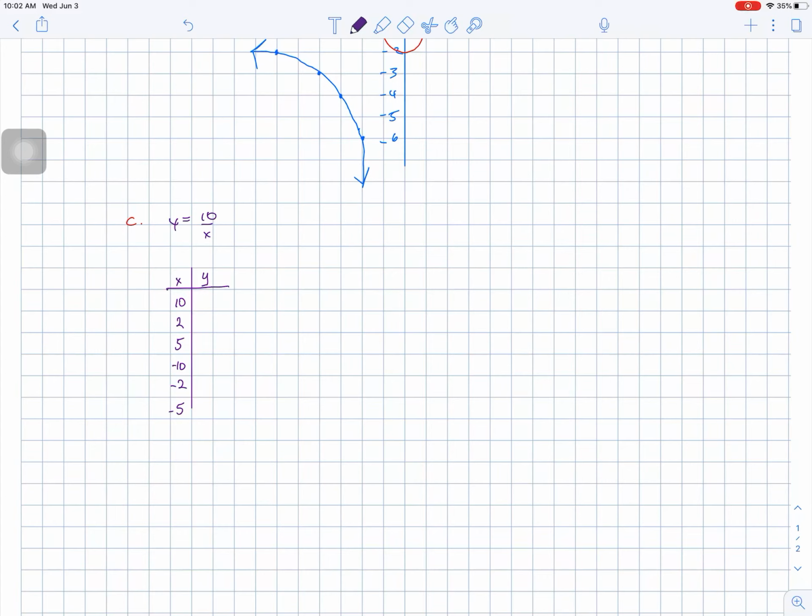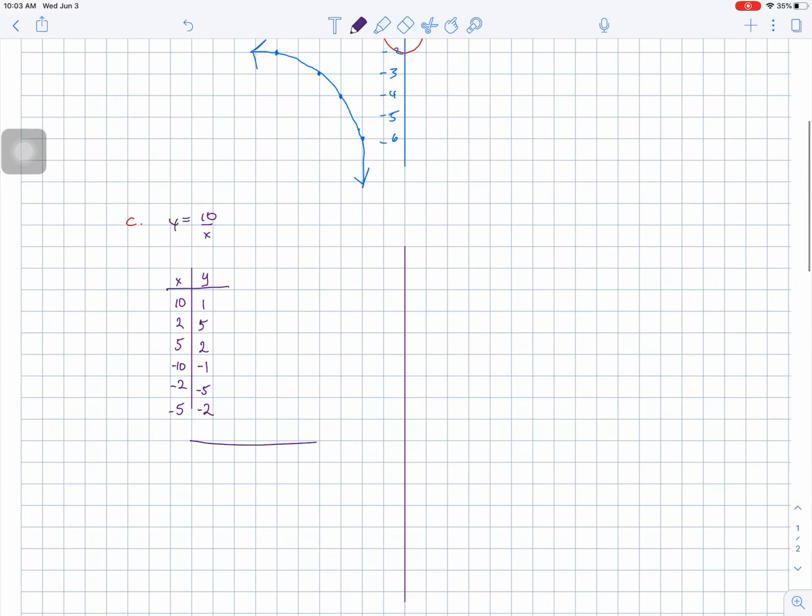Those are some. So if we make x 10, y is 1. If we make x 2, then y is going to be 5. If we make it 5, we get 2. Same kind of thing here with negative 10, negative 1, negative 5, and negative 2. So we have coordinates. We can draw a nice little coordinate plane here.